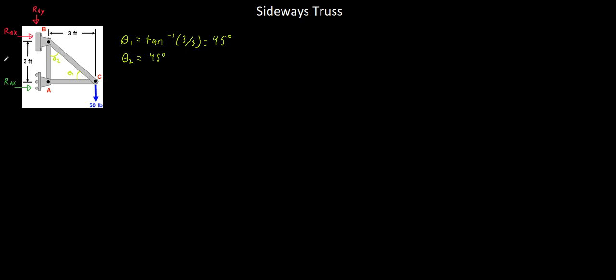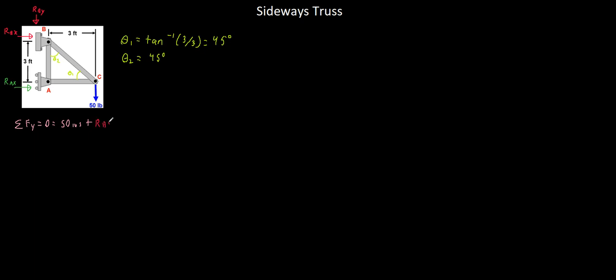But now we just need to solve for our reactionary forces, which is step 2. Normally I start with the sum of all forces in the X direction, but because this is sideways, I'm going to start with the sum of all forces in the Y direction. We know that's going to add up to 0, and there are only 2. There is 50 pounds going downward, and then we can add that to Ruby, the reactionary force at joint B in the Y direction.